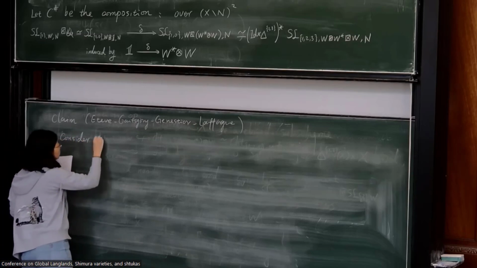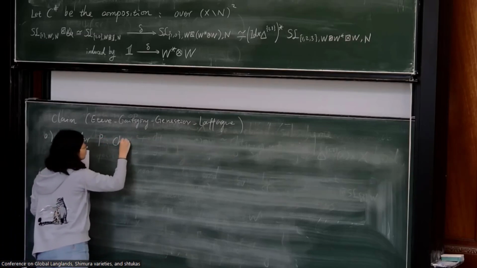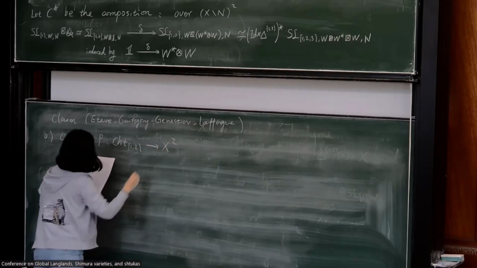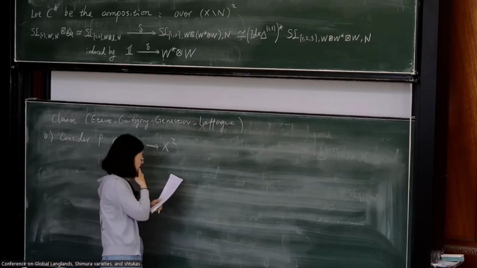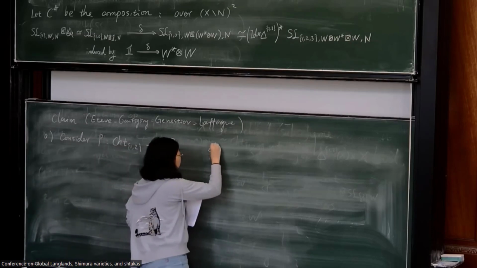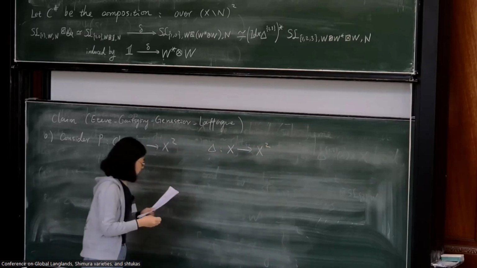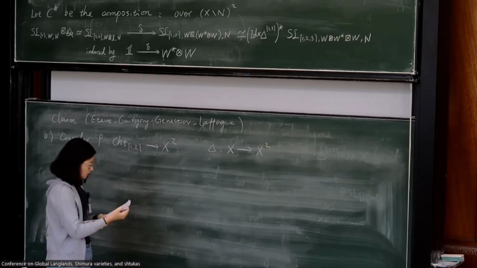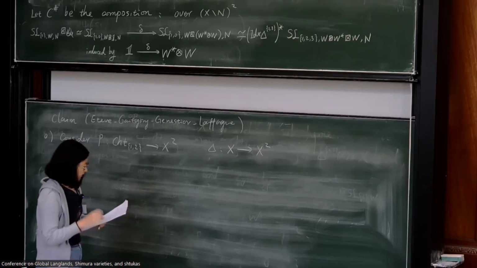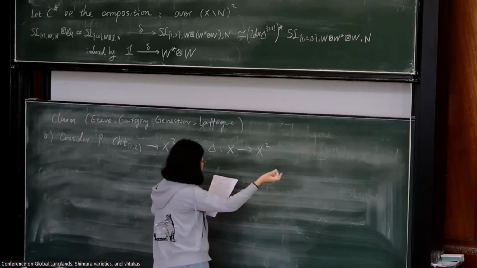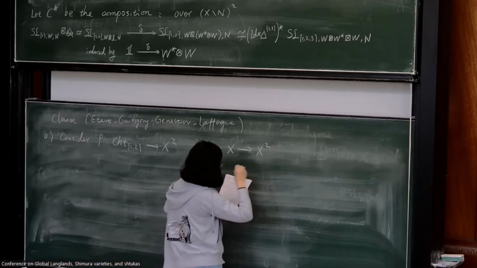So let's first consider a case of shtuka with 2 legs. For some technical reason, the claim is not stated totally at that one.